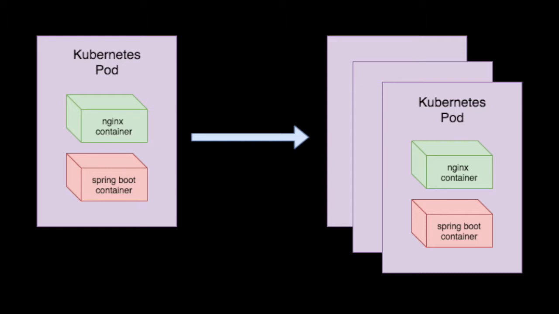So for example, in this diagram, we've scaled the Kubernetes pod up to 3 instances. So we have 3 instances of the Spring Boot and Nginx containers working in the model we described earlier. So it's important to realize that in Kubernetes, it's not really containers that are being scheduled and scaled, it's pods.